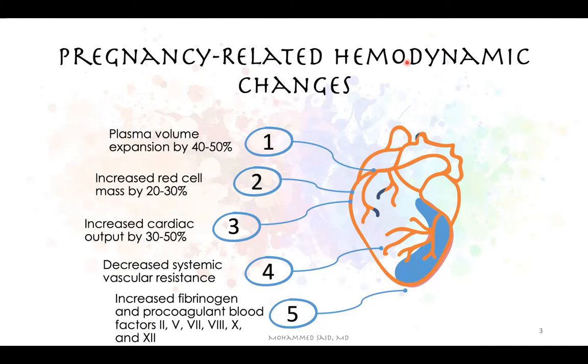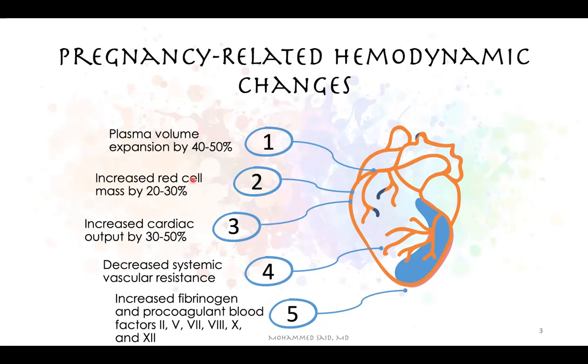When we apply this to the human body, it's basically the same. Usually the heart is used to pumping a certain amount of blood in non-pregnant females, and once they get pregnant, you will have an increased demand. To meet this demand, first, as I said, you're going to increase the production.